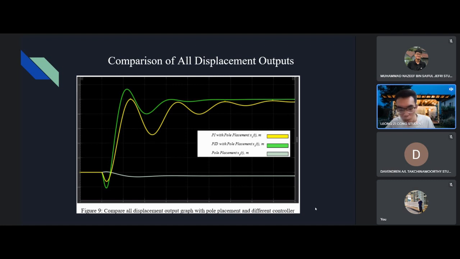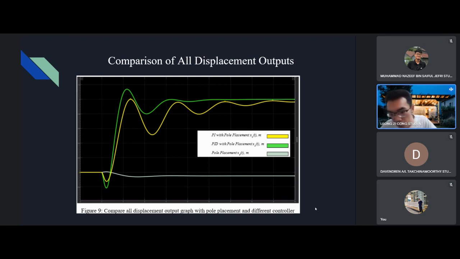Okay, over here in the comparisons, we can see that the green color is the PID with pole placement, and the yellow color is the PI with pole placement, and the other one is the pole placement only. We can see that if we only have the pole placement, it cannot get the exact output that we want. But if we have the PI or PID controller, both of them can solve the steady state error.